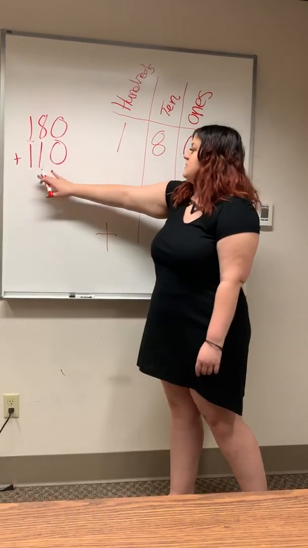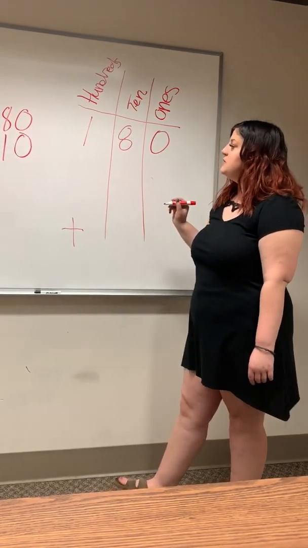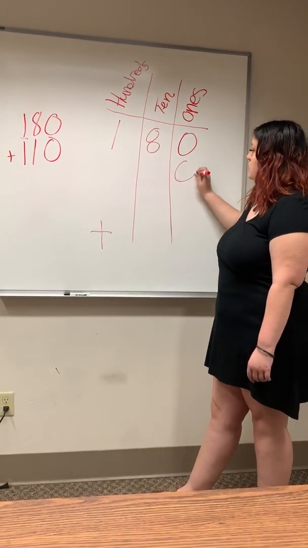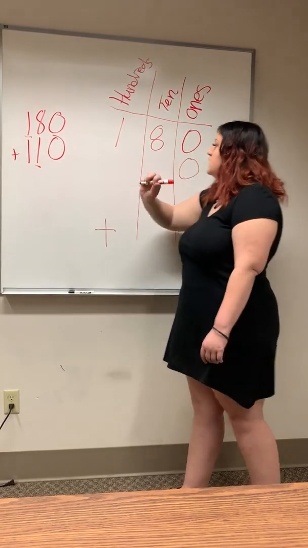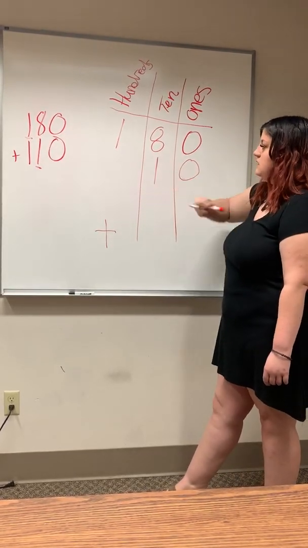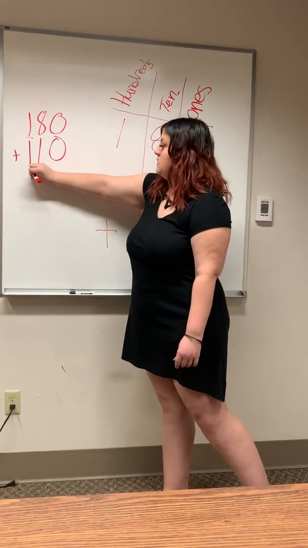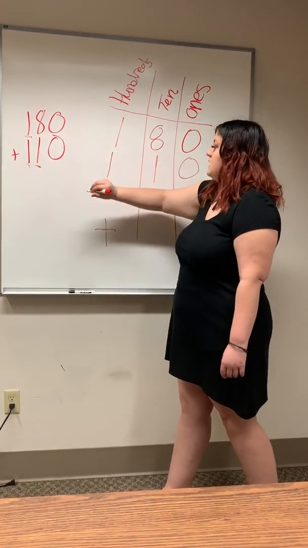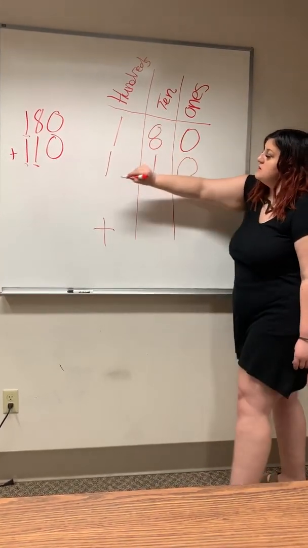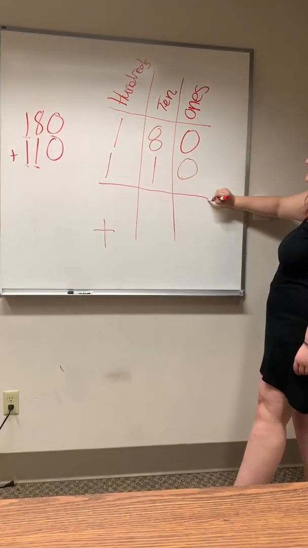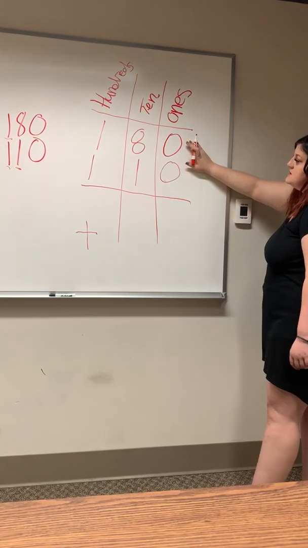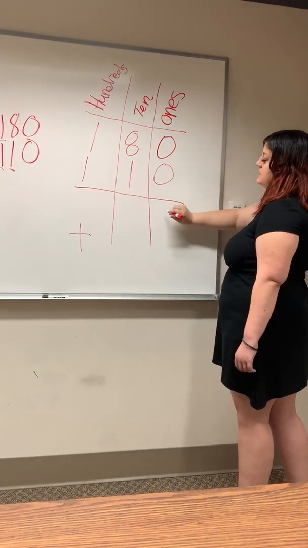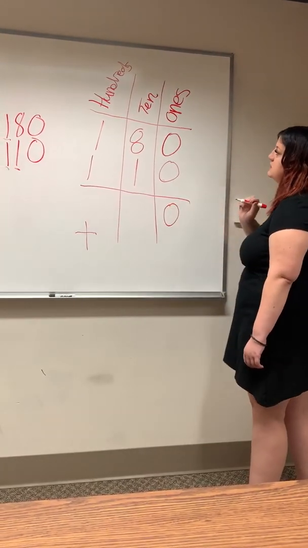So what about our next number, 110? The 0, again, will go in the ones. The first one we see, the middle one, will go in the middle. And the last one will go in the 100 spot. So then we'll add them up. So first, we'll start with the ones. So we see 0 plus 0 in the ones is going to be 0.